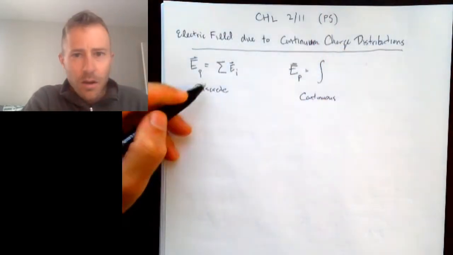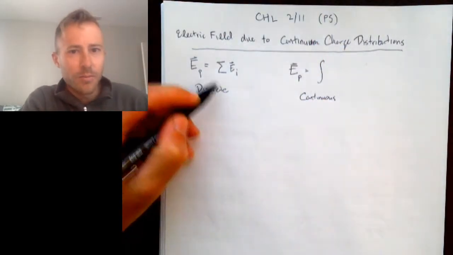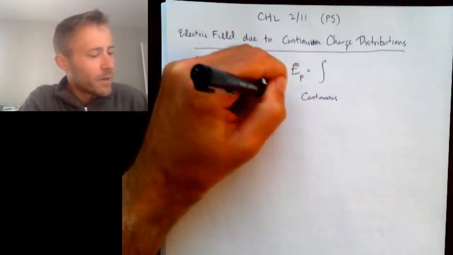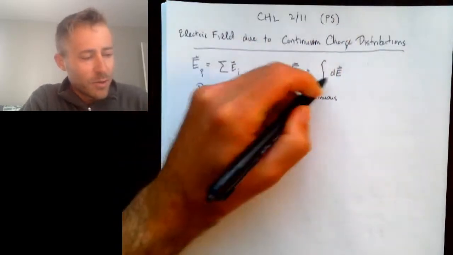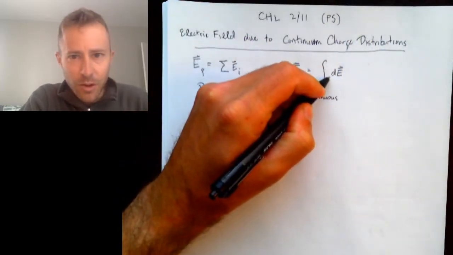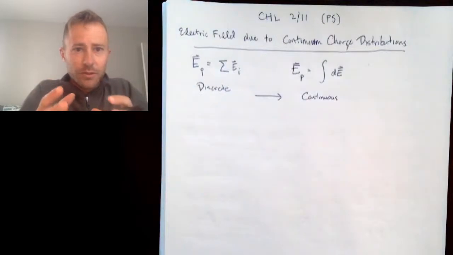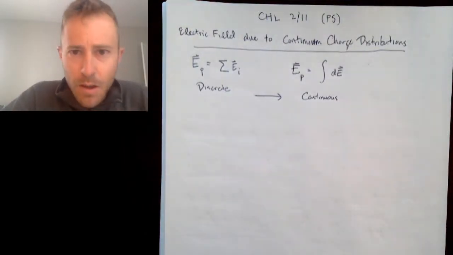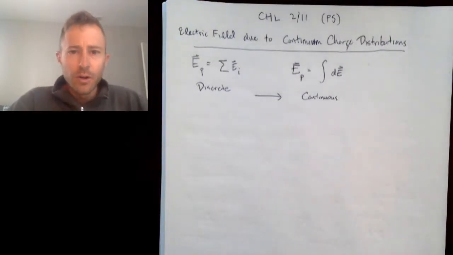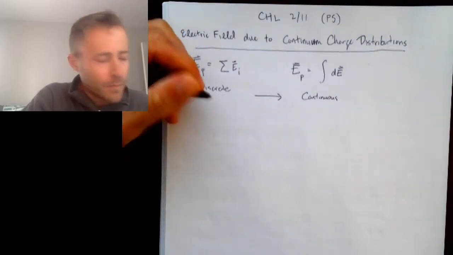So when you go from discrete to continuous, your sum becomes an integral, and you integrate dE. So remember, d means infinitesimal, all the infinitesimal electric fields due to all the charges. So what is dE?